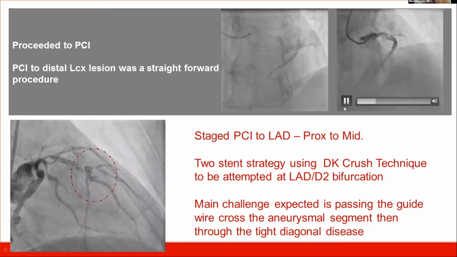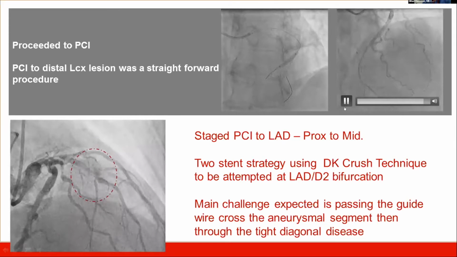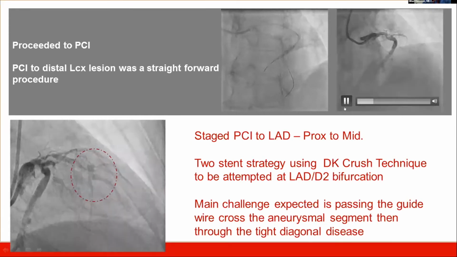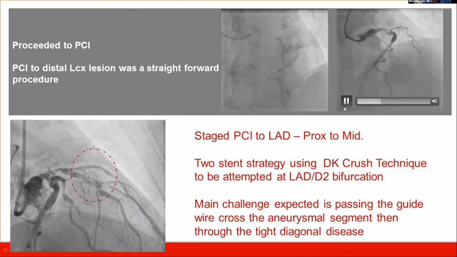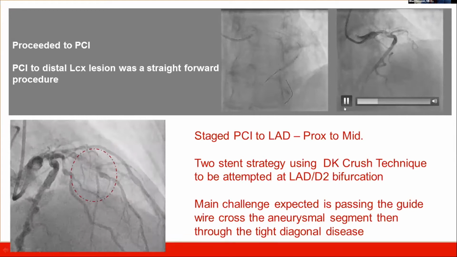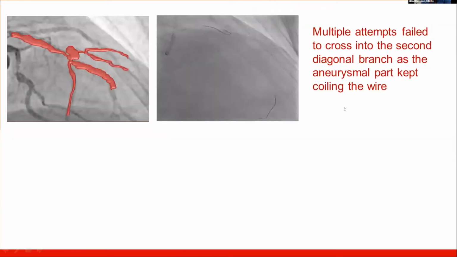That's why we planned for the next step to go for a two-stent strategy if we managed to wire the side branch, which is the expected main challenge. Now, as expected, passing the wire to the main vessel was not a problem, really. Passing the wire to the side branch was a big problem.